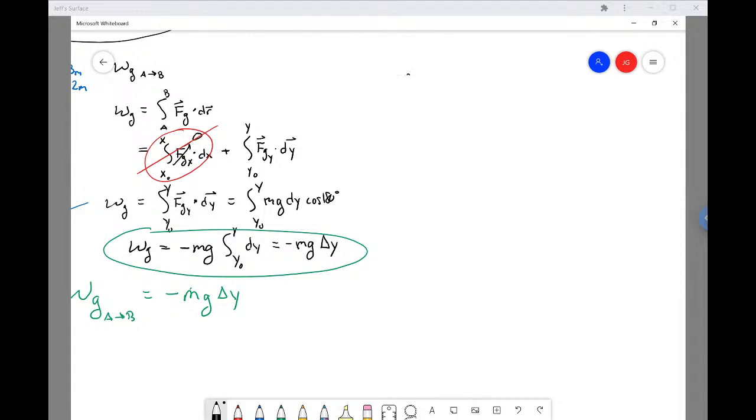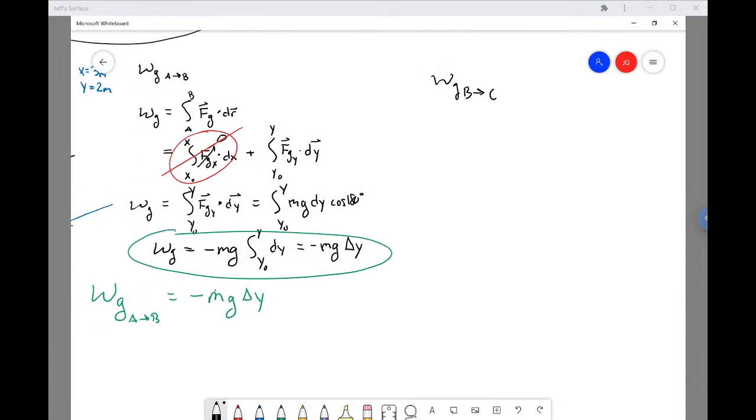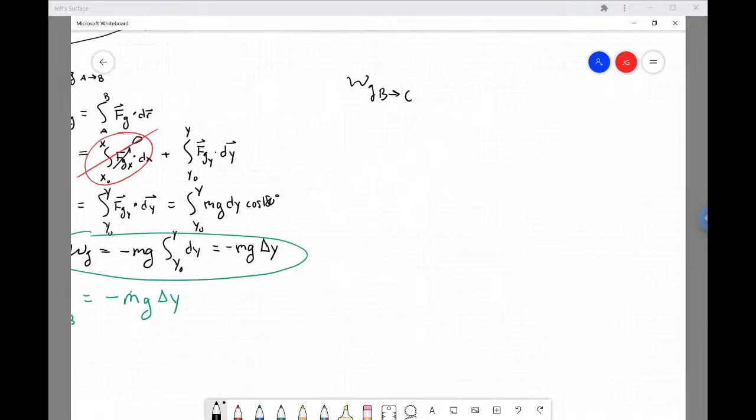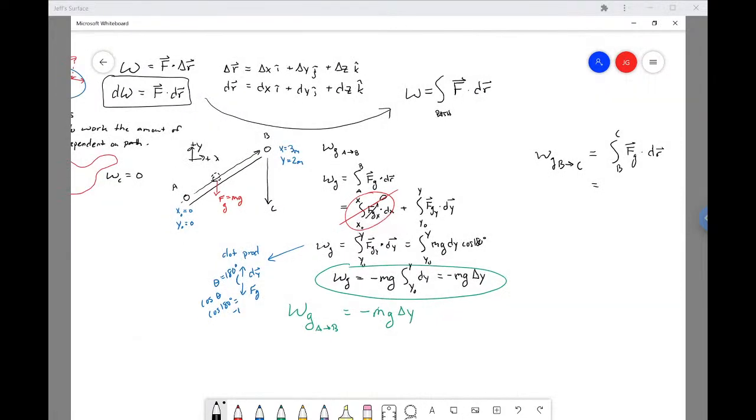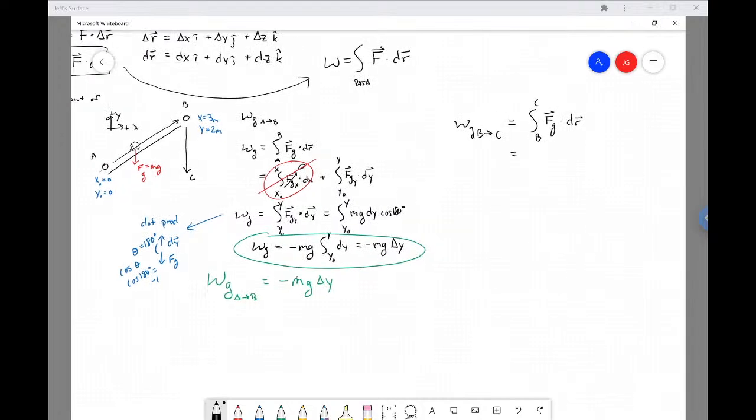All right, now let's look at the work done by gravity when you go from B to C. Okay, so you're falling straight down. And so that would equal the integral from B to C of the force of gravity dotted into the displacement. And so we could write out a potentially an x component, a y component, and a z component, but it's straight down, so we can ignore the x component and the z component.